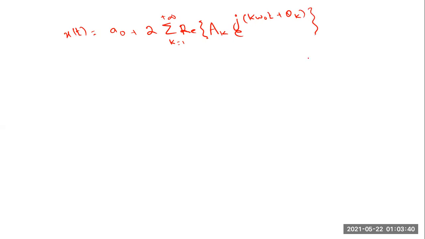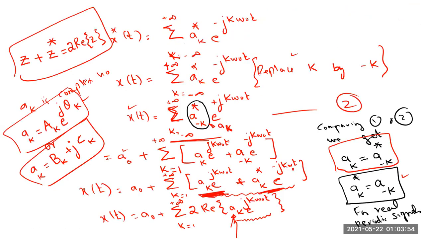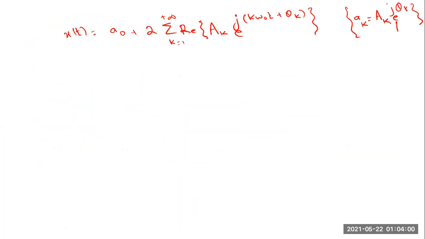So in this case, what I have done is I have used small ak equal to its magnitude in polar form. In place of ak, I have substituted this, and then I have combined this exponential factor with this exponential.